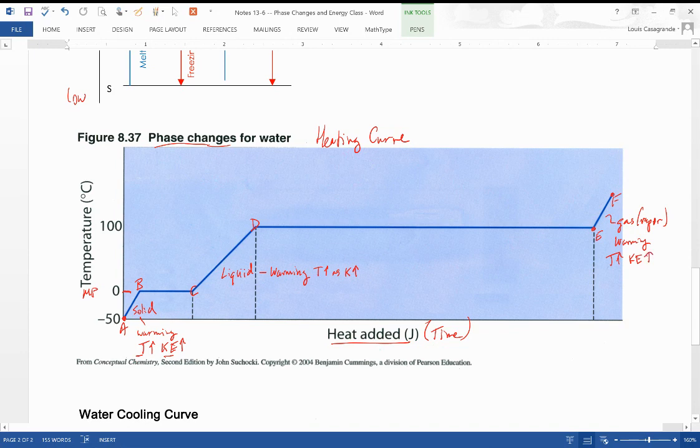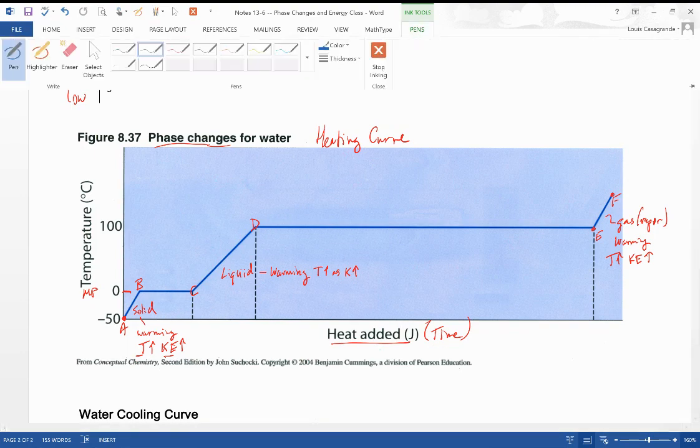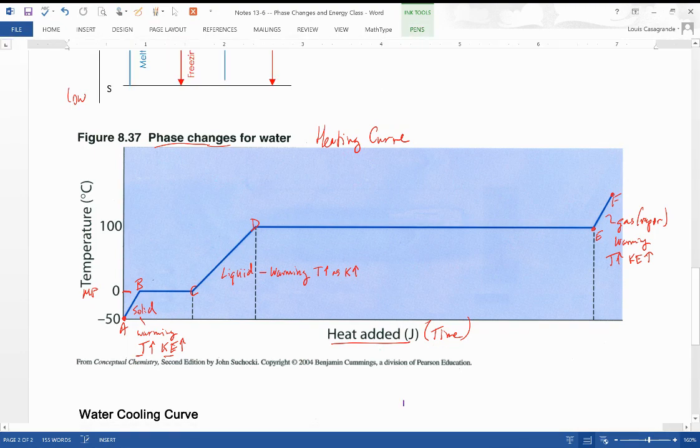So what's happening in these flat regions? In the flat regions, the temperature is constant. Now, you can kind of guess that from B to C, this is melting. We're going between the solid and the liquid. And at B, we have 100% solid at the melting point. And at C, we have 100% liquid. We've turned it from 100% solid to 100% liquid.